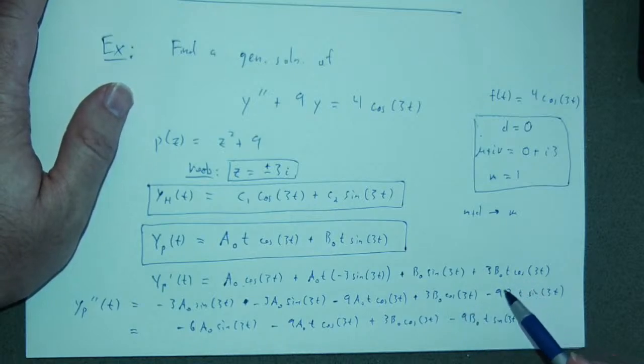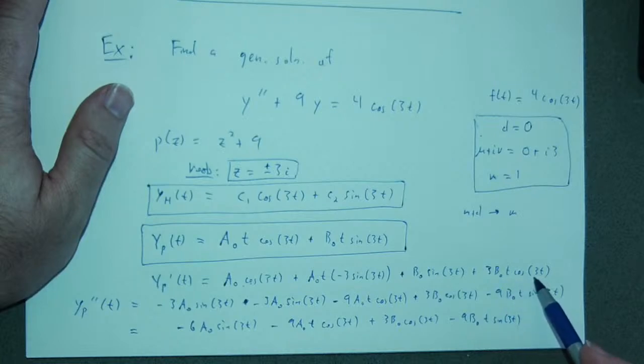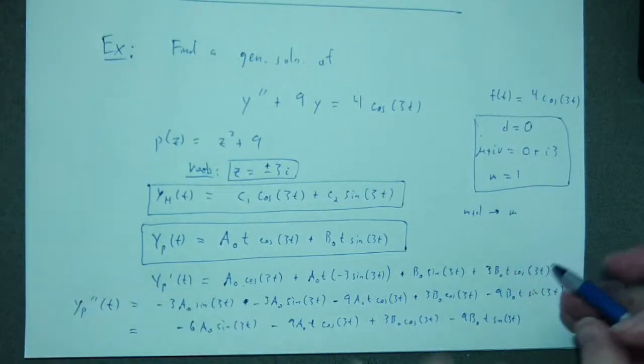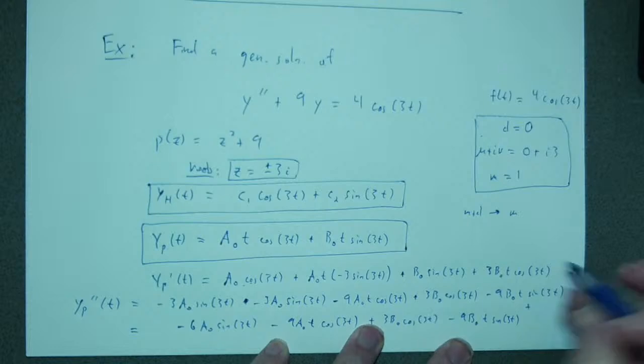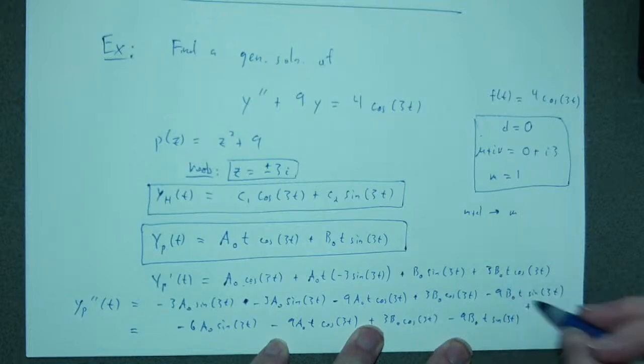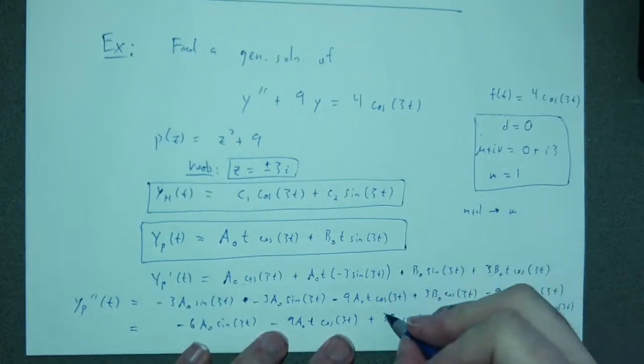Derivative of this is, I should get a plus 3b naught cosine of 3t. So this should be a 6. I should get an extra, from the derivative of this previous part, a plus, when I've taken the derivative with respect to t of this t part. So this should be plus 3b naught cosine of 3t. So this should be a 6.